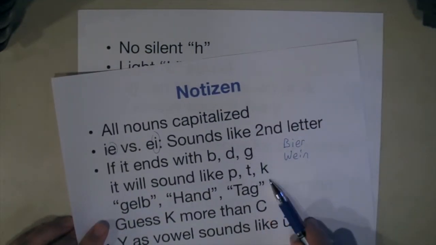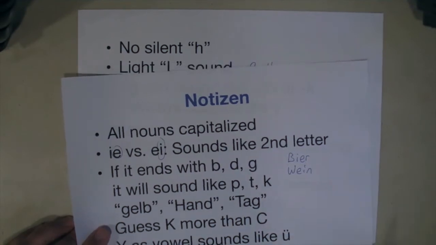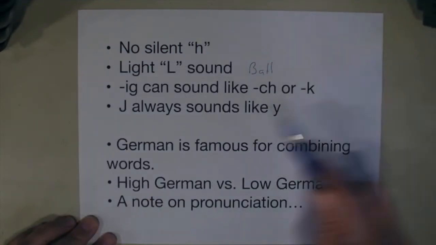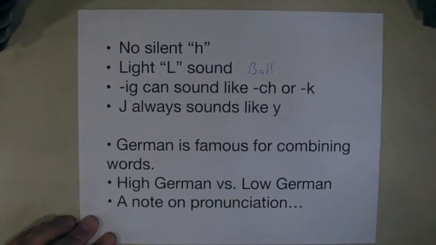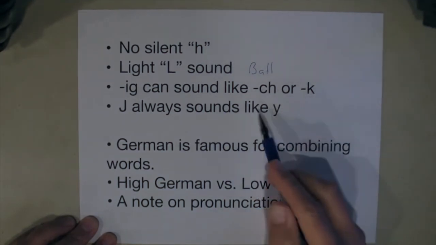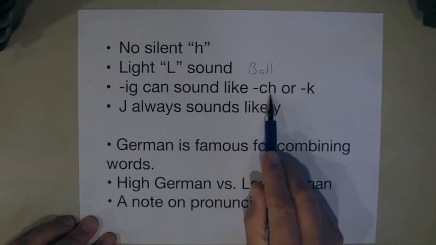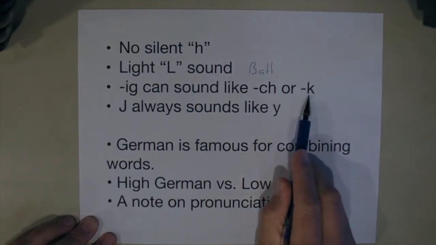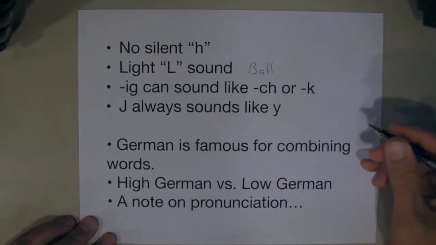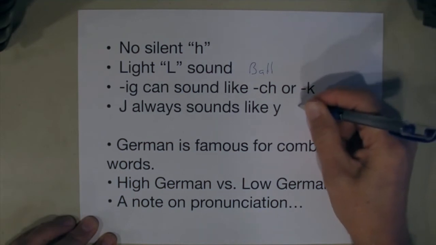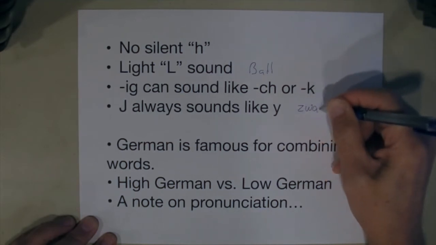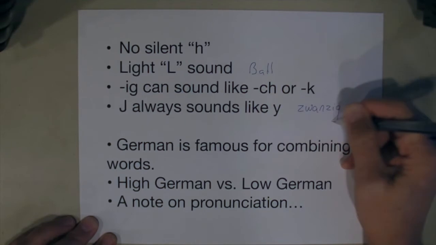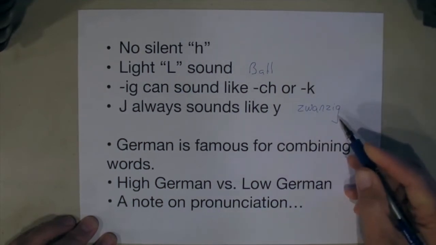Oh, okay. Here was that exception that I was talking about, where I said if it ends with a G, it'll sound like the letter K. Well, if it ends with an IG, and there's a lot of words that end with an IG, it will sound like either a CH or the letter K. I'll give you an example, like the number 20, zwanzig. There's two ways to pronounce that, and it depends on where you are in Germany.